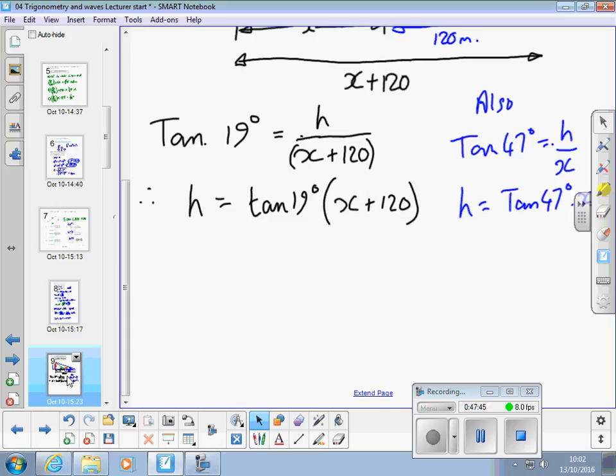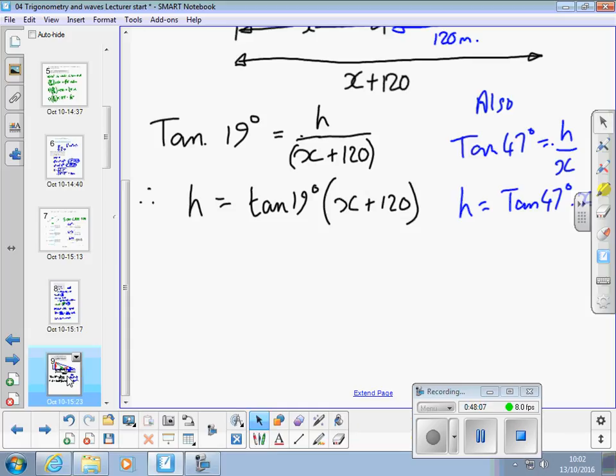So what we can do is write down now, because tan 19 degrees times that is equal to h, and tan 47 times x is equal to h, we can say those two formulae are equal to each other. Does everybody see that? Because h is the same thing all the time.